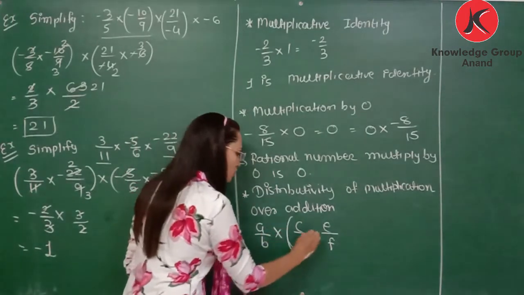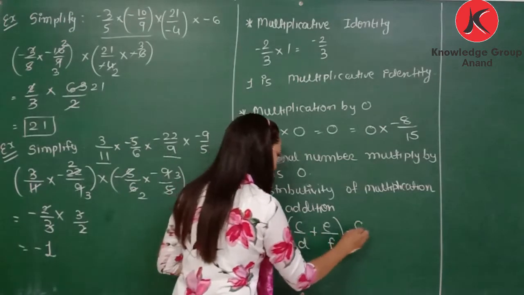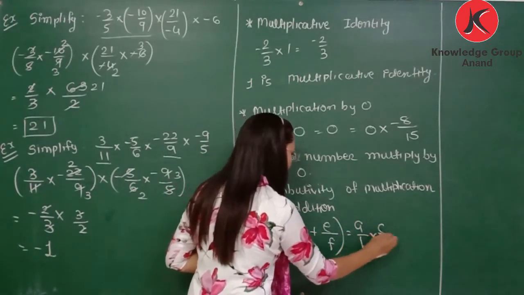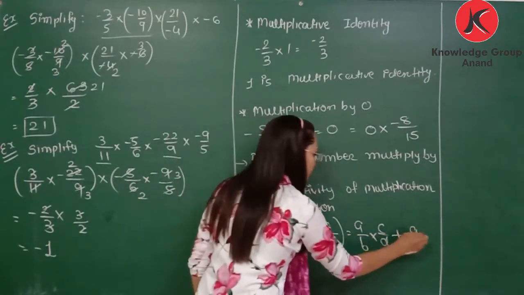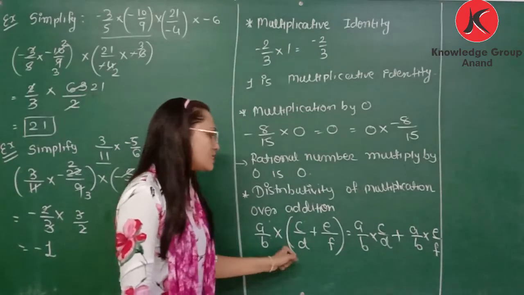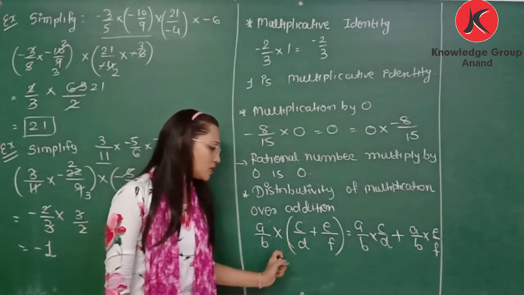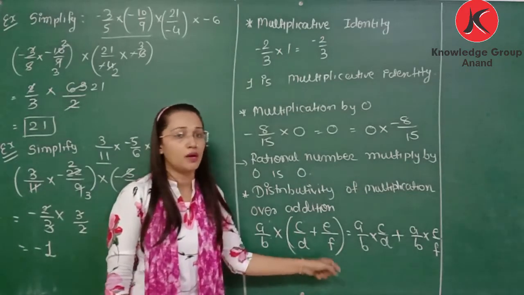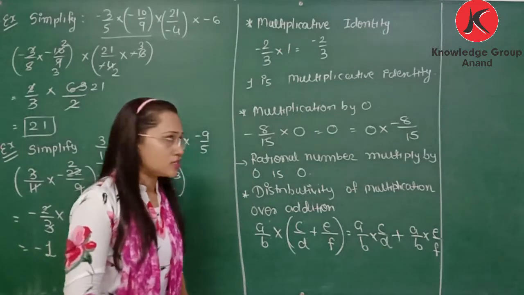So multiplication over addition means a by b is multiplied with c by d, and a by b is multiplied with e by f. Means right hand side and left hand side give the same answer. If this rational number is multiplied with both rational numbers in the bracket separately, then it will give the same answer.